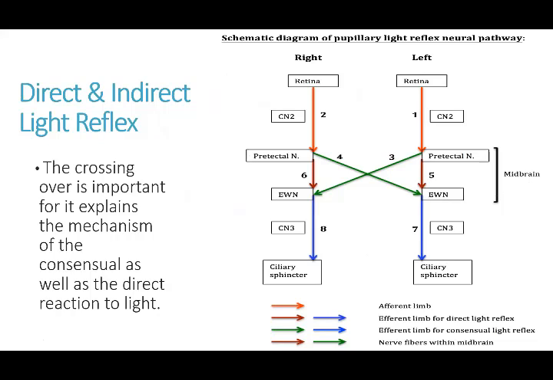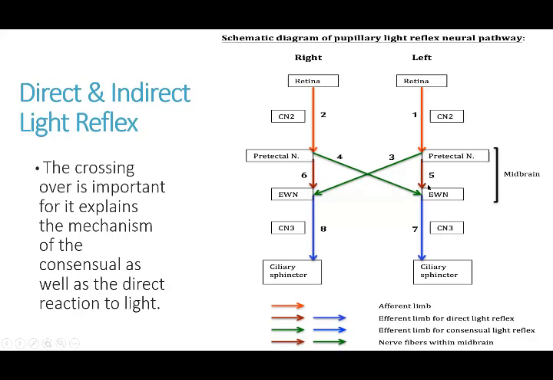Now we have to remember that from the optic nerve, the fibers are crossing over. Now the fibers are crossing over directly into the Edinger-Westphal nucleus from both sides, from the pretectal nucleus and from both sides.